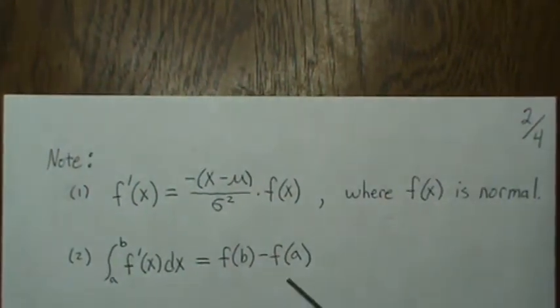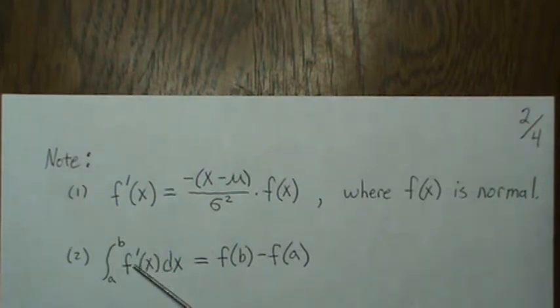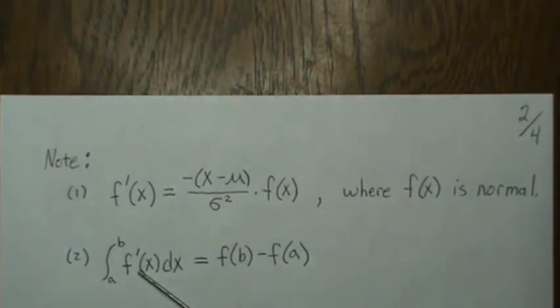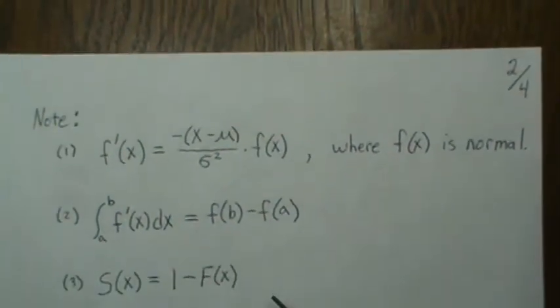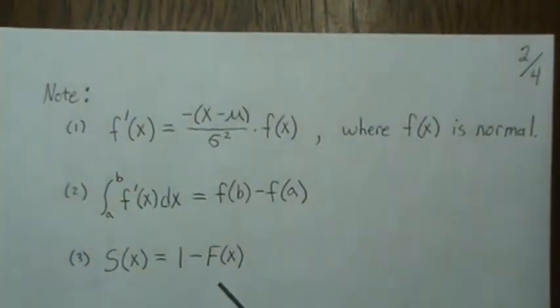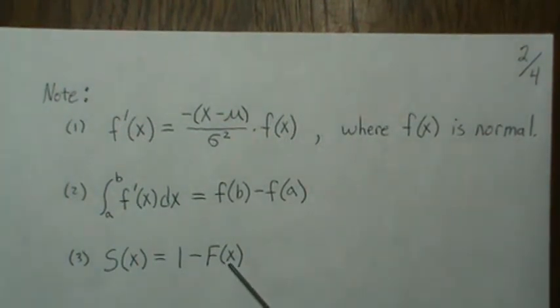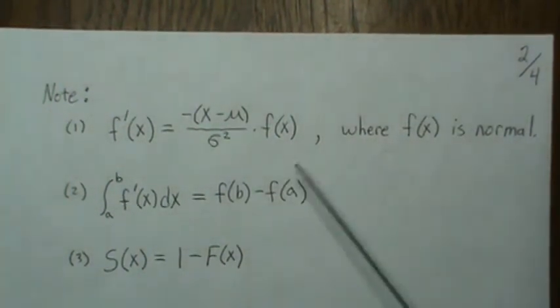Then the good old fundamental theorem of calculus: if you have the derivative of a function, then the integral of that ends up just being the function evaluated at the endpoints. And then the survivor function, which is 1 minus capital F, so this is the cumulative distribution function, and then 1 minus that is the probability that x is greater than some value x.